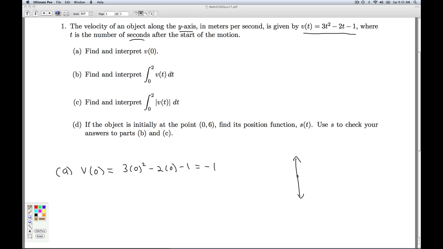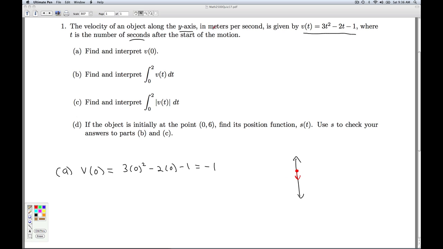And for us, up is the positive direction, down is the negative direction. So I'm starting at some point. I don't know where. That'll get answered in part D. But I'm starting at some point along the y-axis, and the velocity is -1.